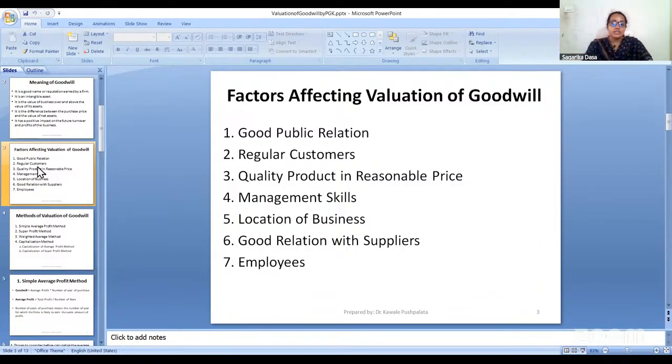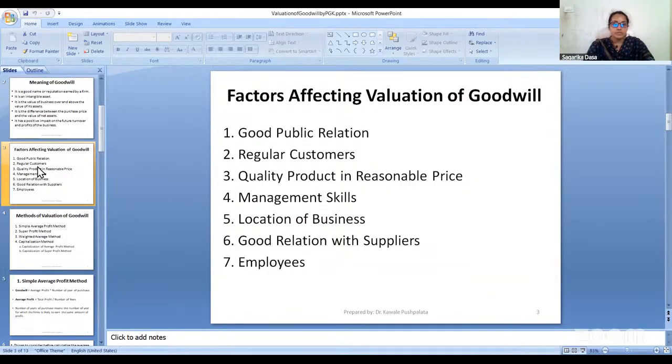Quality products and reasonable price. If a company is producing quality products and selling at a reasonable price, automatically the customers will purchase more and more products of that company. When the customers are purchasing more and more products, the goodwill will be automatically created. Management skills: how the organization is managing its operations also has a major impact on the goodwill.